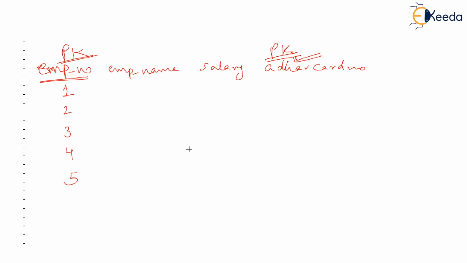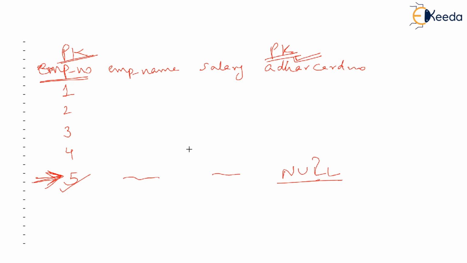There might be some lazy employee, this employee number 5, who has still not applied for Aadhaar card. Or maybe the Aadhaar card is in the process. Then while recording this employee number 5, you would have the number of that employee. Obviously, company will give him some employee number, name, salary, but you won't have Aadhaar card number. There is a problem here, isn't it?